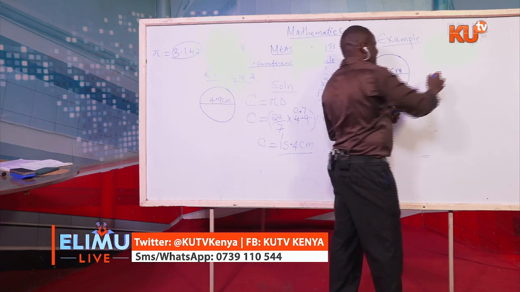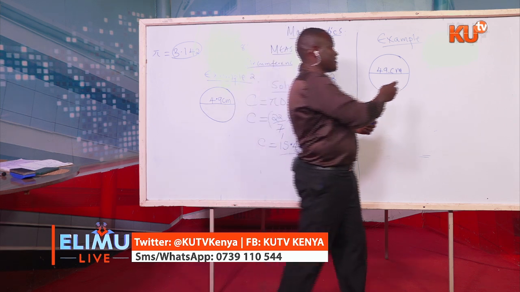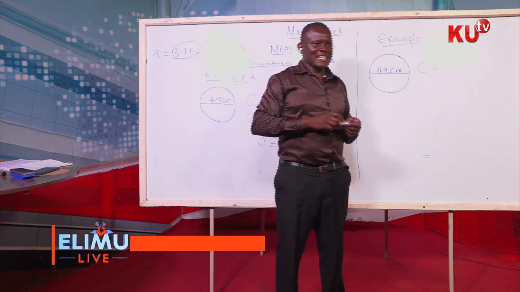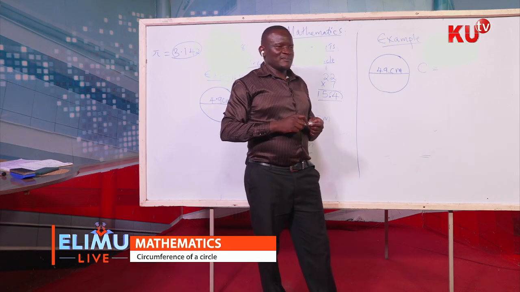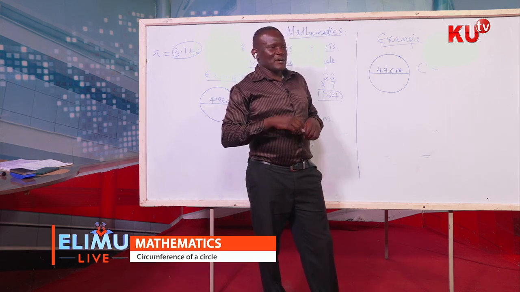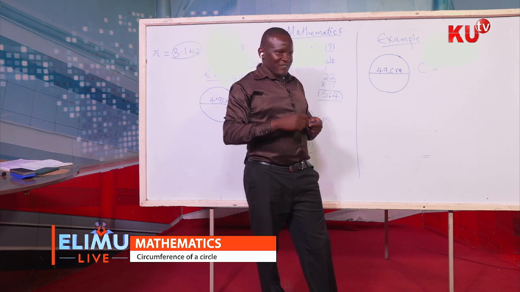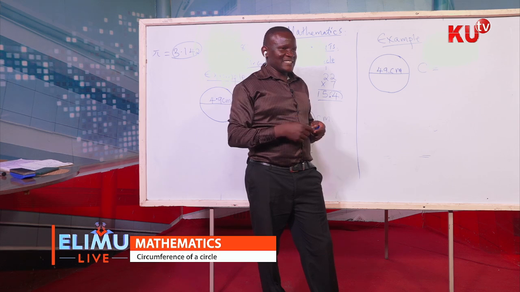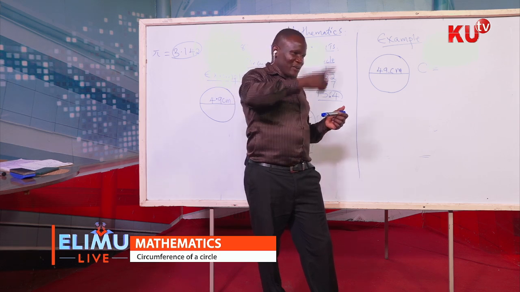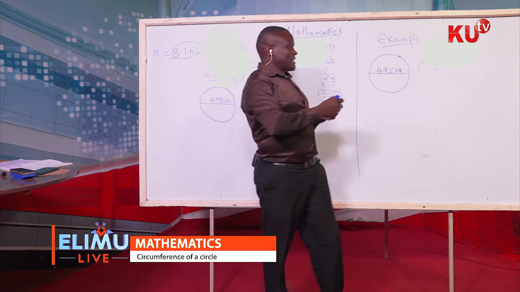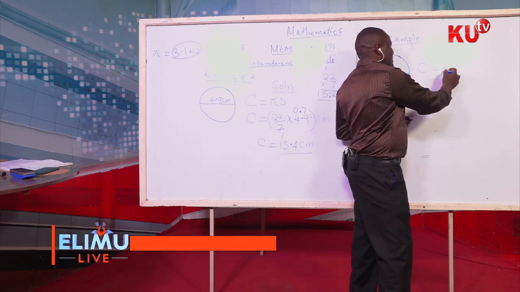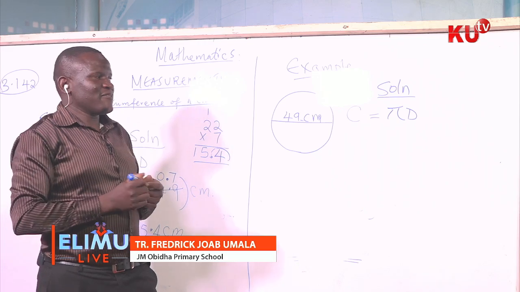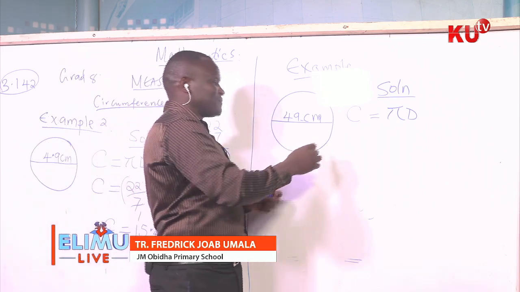Now let us work it out. Circumference of the wheel itself is circular in nature. So that's the reason as to why we are going to use the formula of finding the circumference of a circle to get the length of the wheel. So circumference will be equals to pi d.